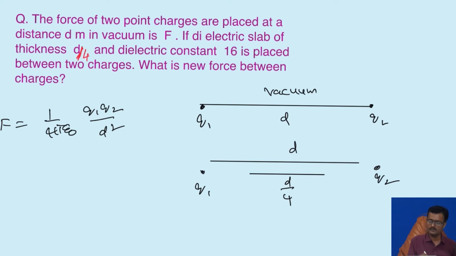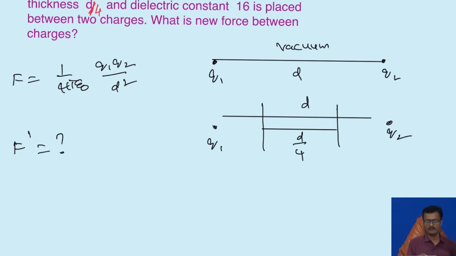Now what is the new force? That is the question. So the dielectric material is placed for the distance d by 4. That means if dielectric material is placed for distance d, whose value is K, its equivalent distance in vacuum is root K into d.